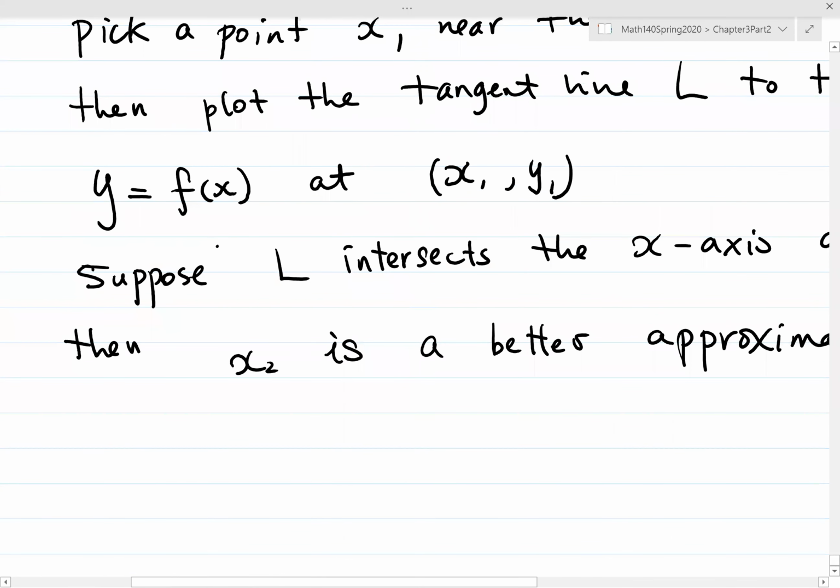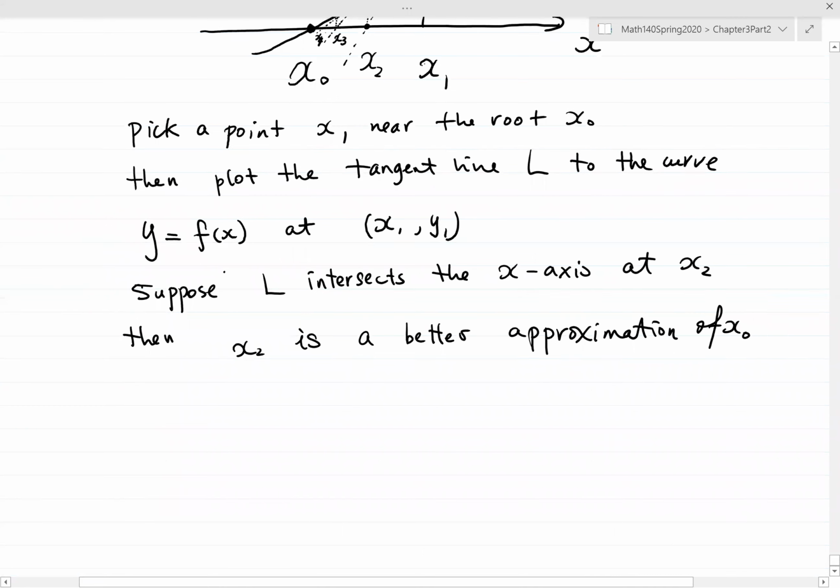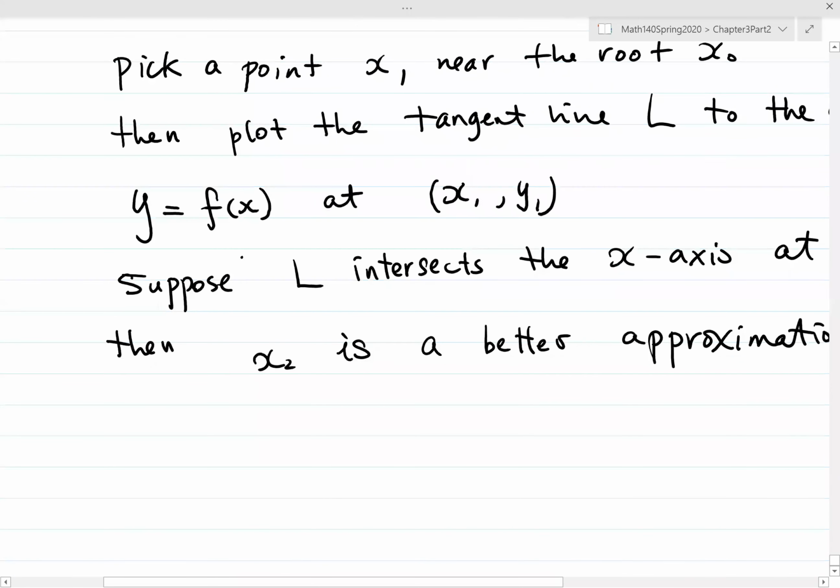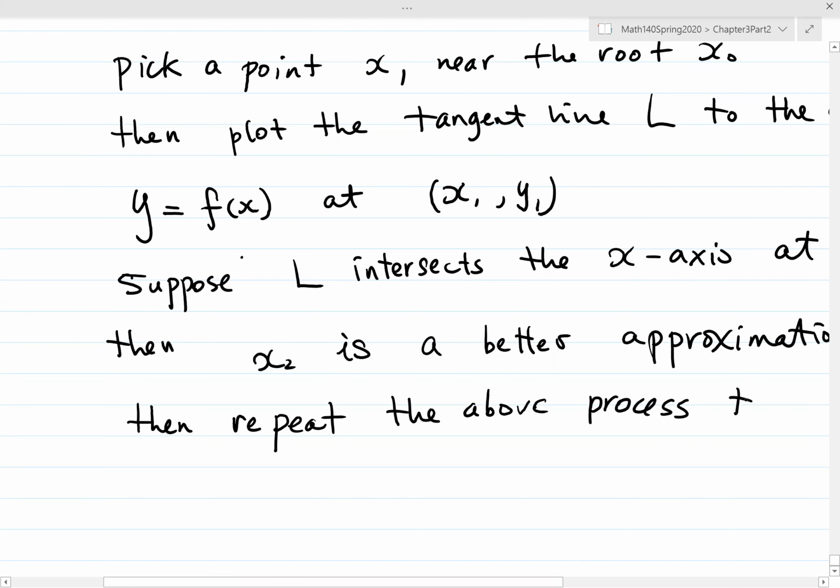So we repeat the above process to find x3, x4, and so on. This gives better and better approximations of our x0.